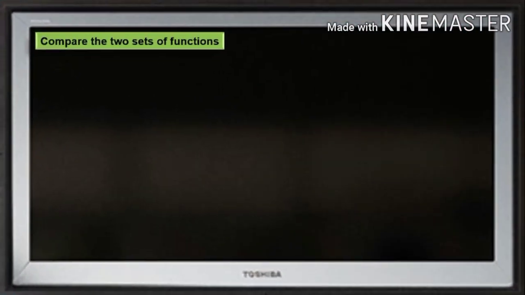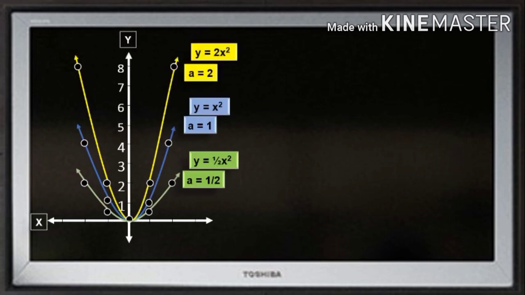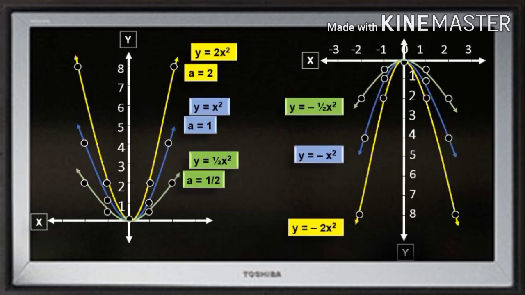Now let us try to compare the two sets of functions. Here, the values of a in the first set of functions are all positive. a equals positive 2, a equals 1, a equals 1/2. Let's look at the second set of examples.